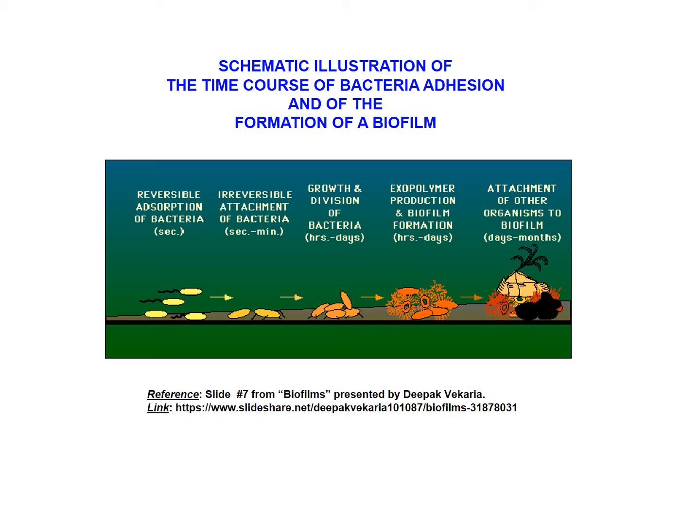These tails, called flagellum or flagella in the plural, help the planktonic bacteria propel themselves, and as a result they can float or swim, if you wish, as single cells and approach a particular surface.